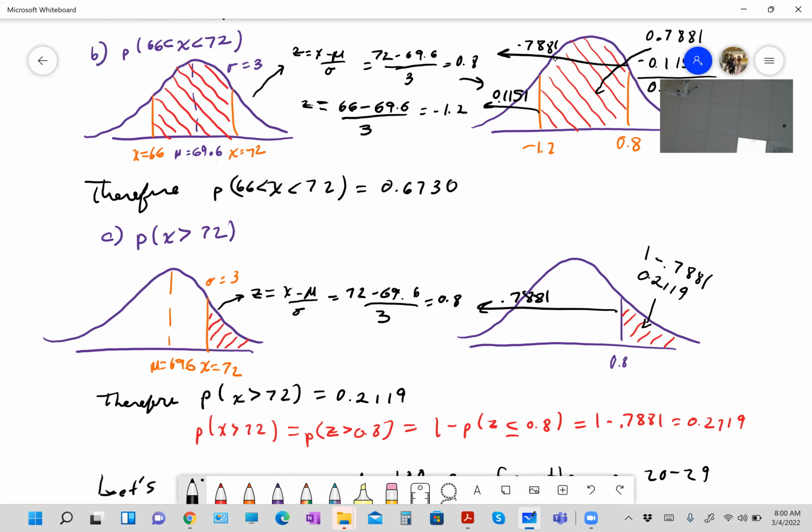Now remember, we don't consider something unusually tall or unusually short unless it's 2 standard deviations away. Right? So in this case, 69.6 plus 6, the top height would be 75.6.